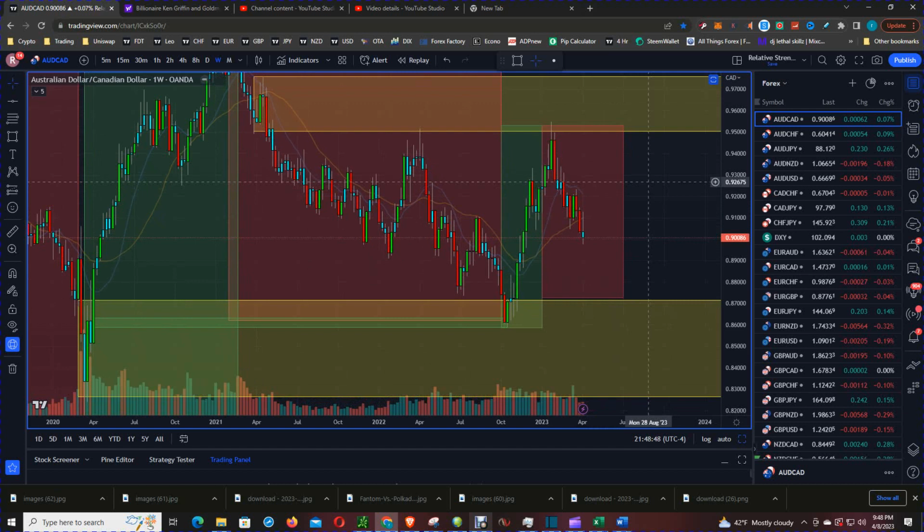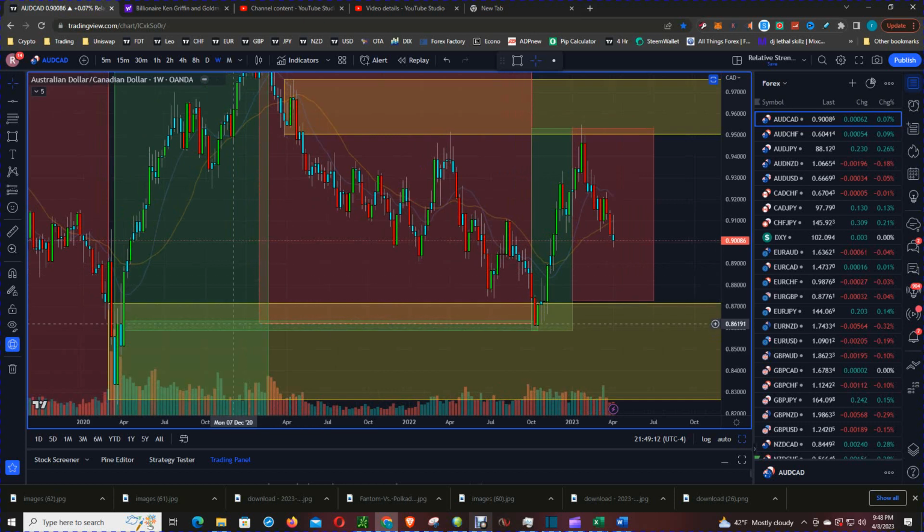Who moves the market? The big institutions, the smart money, the central banks, and they need liquidity to fill their orders. And that liquidity is found at the extremes. In this case, on the downside, the yellow rectangle area.